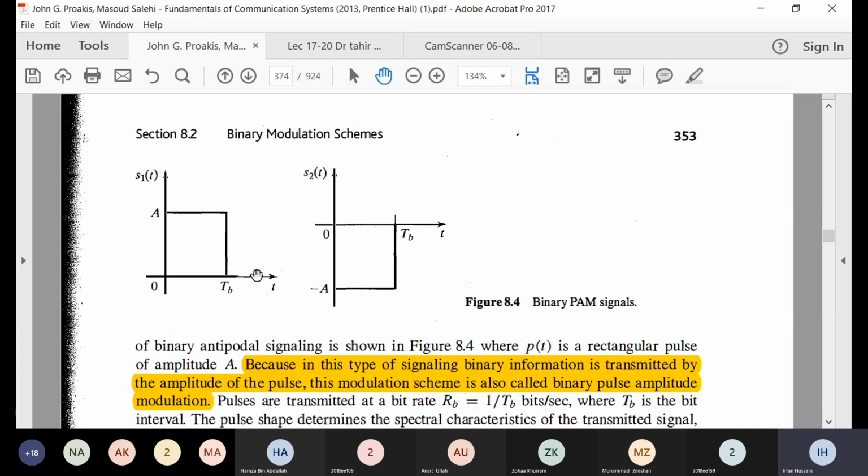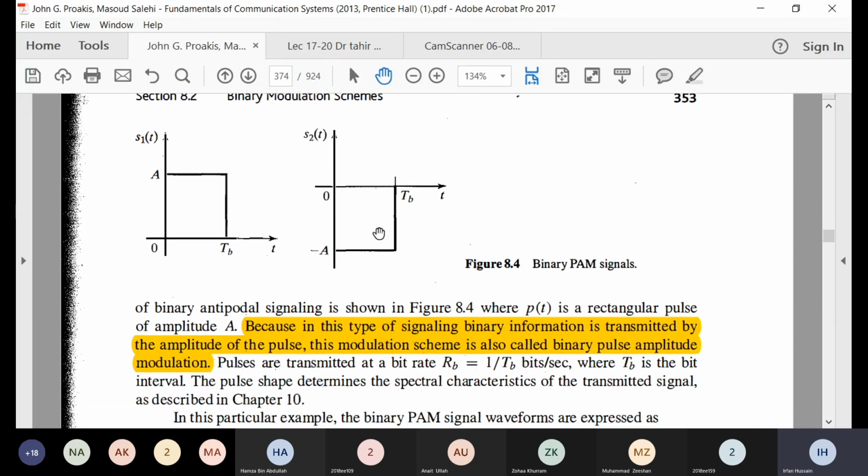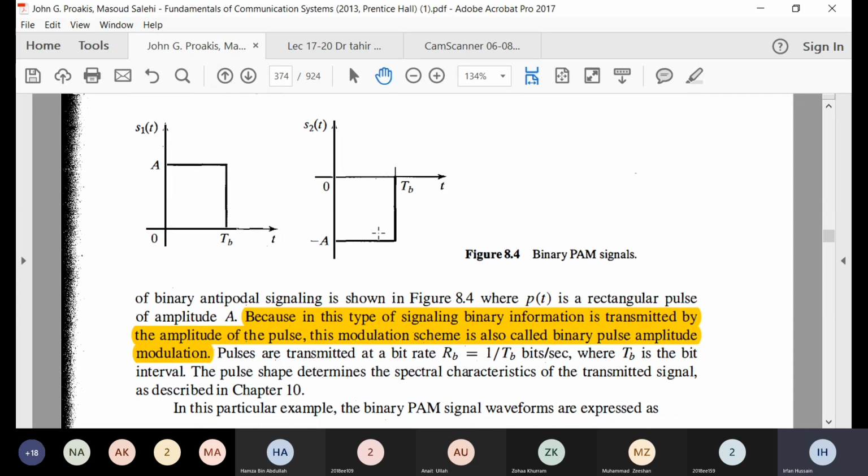Where you have just p(t) with A, this will become S1, and p(t) with minus A, this will become S2. This is called antipodal. So both the signals are negative to one another. This is also called binary pulse amplitude modulation, because you can see that both the signals are transmitted by the amplitude of the pulse.